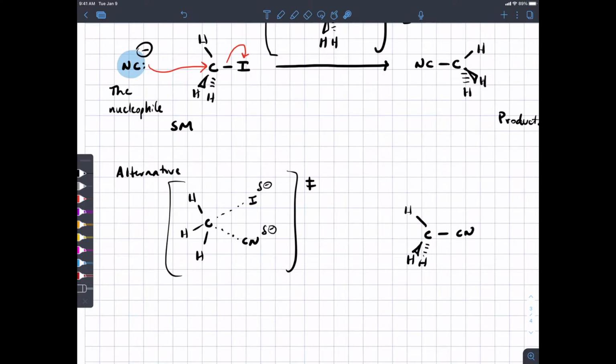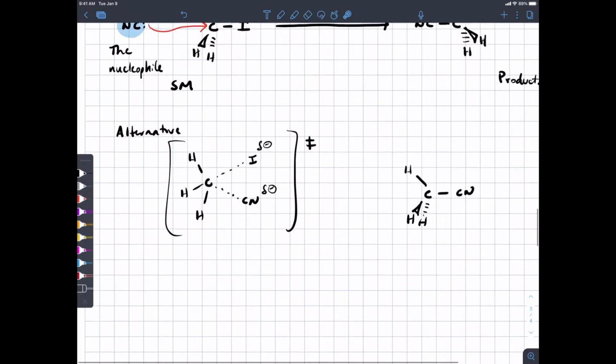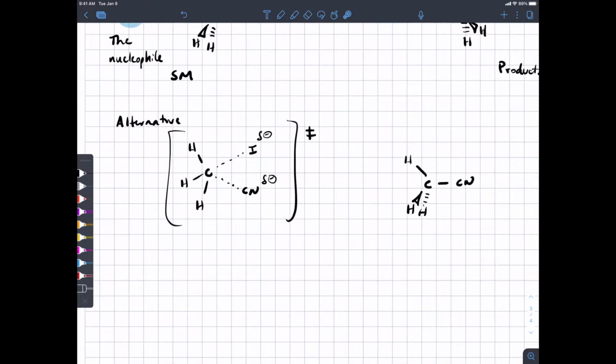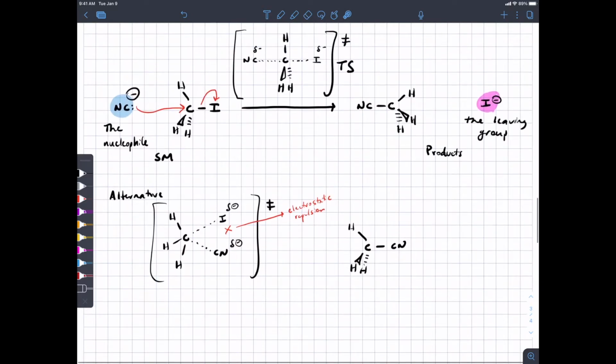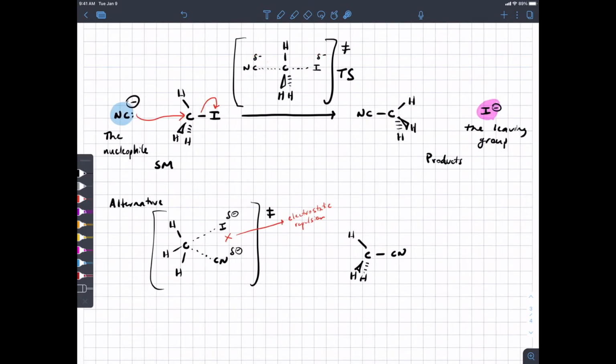Any other thoughts about why you might expect this to be higher in energy? Yeah. Maybe just negative charge repulsion. Yeah. You've got some, I don't know how to indicate this, the X of doom, but you've got some electrostatic repulsion here, presumably, because those two partially negatively charged groups are nearer to each other versus here being farther apart.